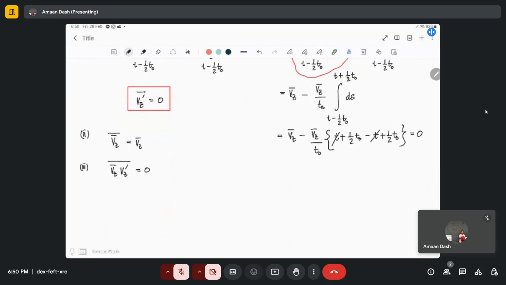Because Vz bar is constant, it comes out of the integration, and therefore we have 0.